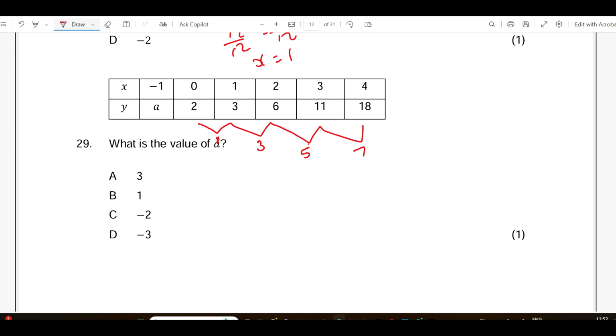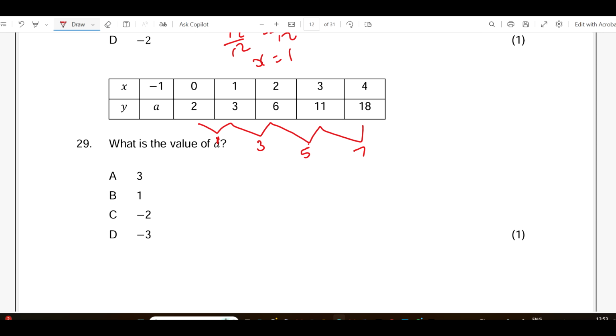Guys, we simply need to introspect here, and let's check if we already know our formula so that we can get what is in the y values.